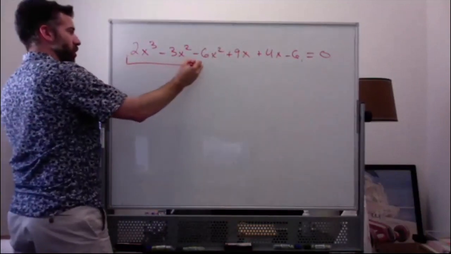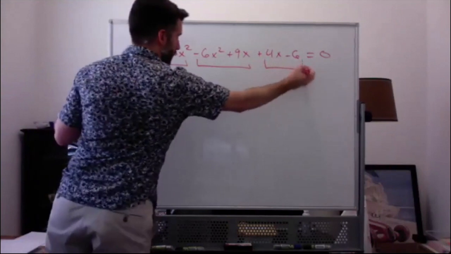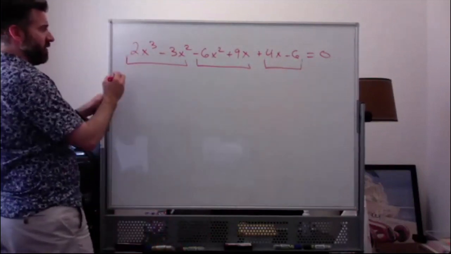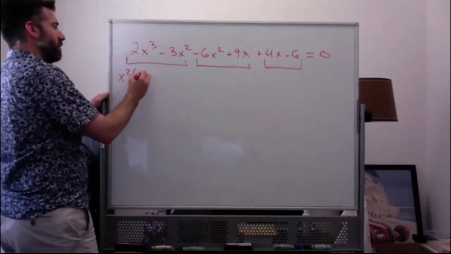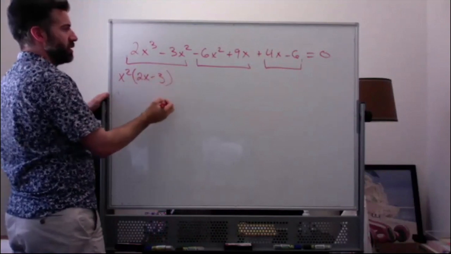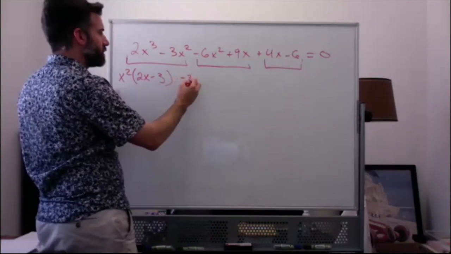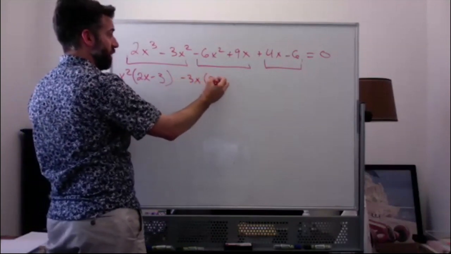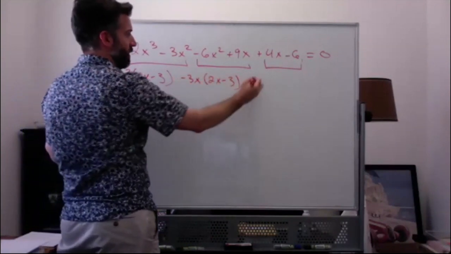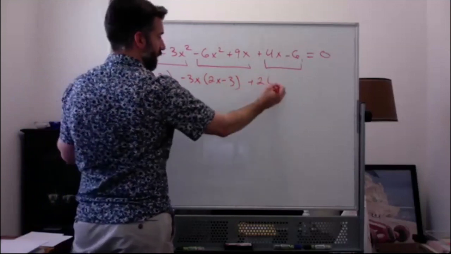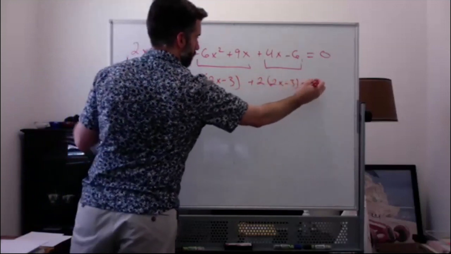But it does work if we factor by grouping. Here I can totally factor out an x squared. I'm left with a 2x minus 3. Here I can totally factor out a minus 3x. And I'm left with a 2x minus 3. And here I can totally factor out a 2. And I'm left with a 2x minus 3.